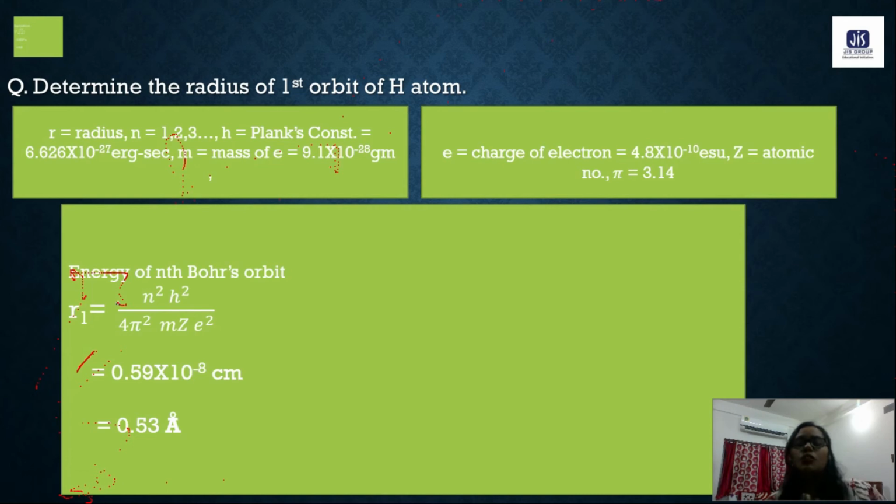Look at the question, that is determination of the radius of the first orbit of the hydrogen atom. So R1 equals n square h square by 4 pi square m z e square. If we put all the values, we will get the value 0.59 into 10 to the minus 8 centimeter, which in angstrom we can write as 0.53 angstrom. Okay, understand? Next we will see.